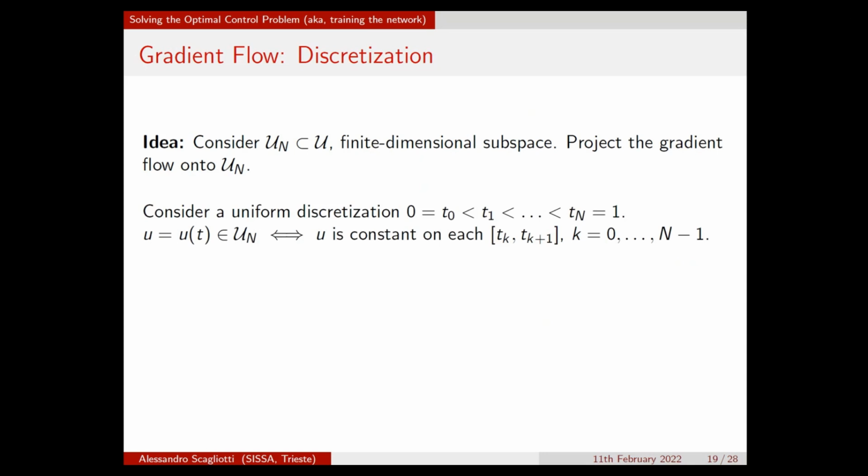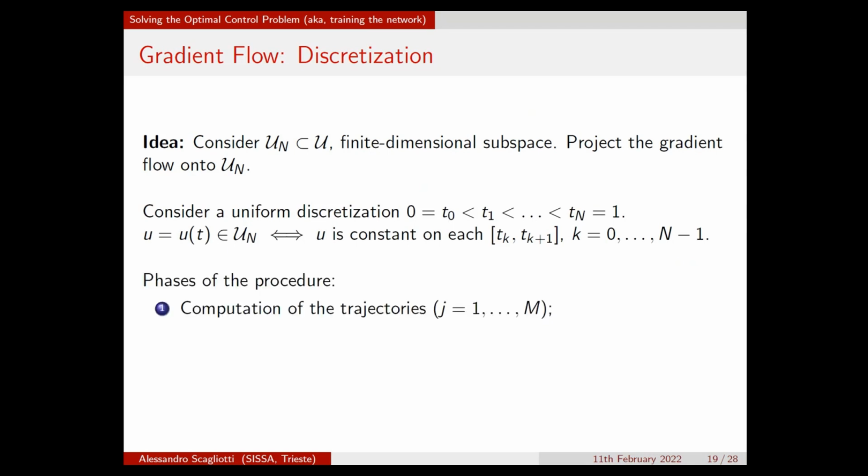Okay, in particular, we introduce a uniform discretization in the time interval 0, 1, and we consider the controls that are constant in each subinterval. Now I'm just going to tell you which are the phases of this algorithm. I'm just going to ask you to keep in mind these three phases.